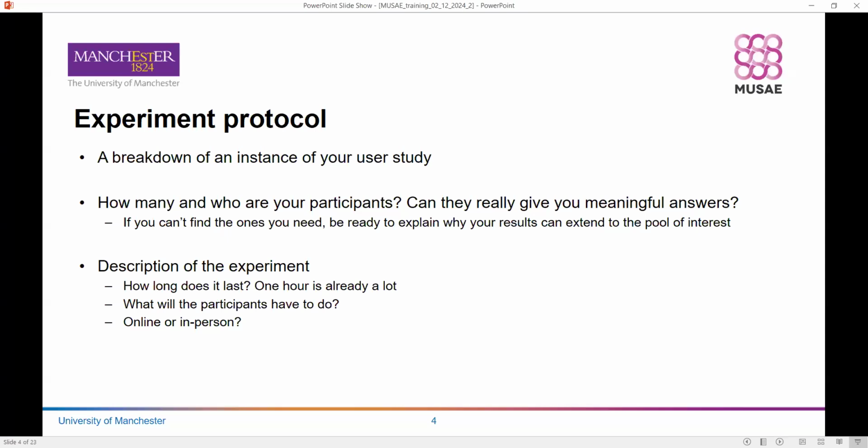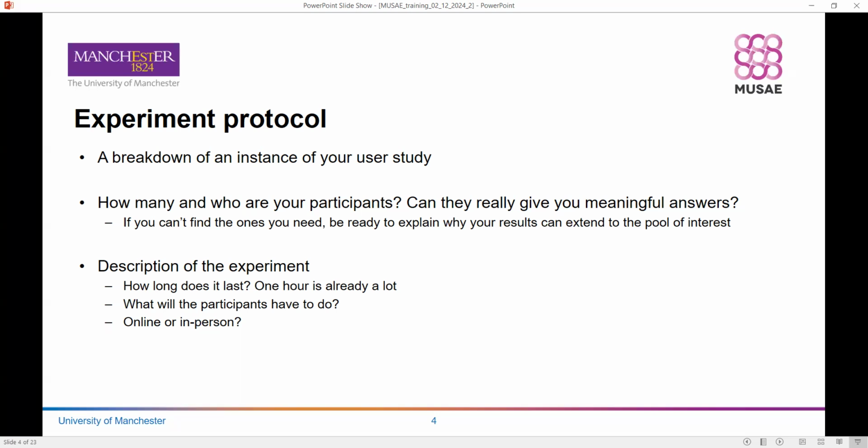from my personal experience, I ran a user study in the past. It was about a human-robot collaboration scenario for a collaborative manufacturing application. So the pool of participants that I targeted were apprentices in manufacturing from a specific company. So I was able to find participants that have experience with the context I want to deploy my system into, and who are also potentially going to benefit from the future application of my solution.